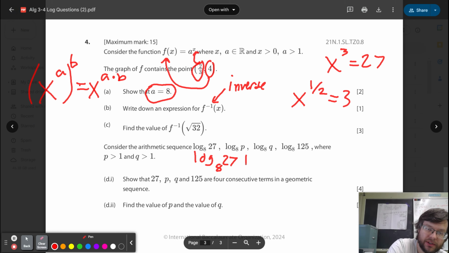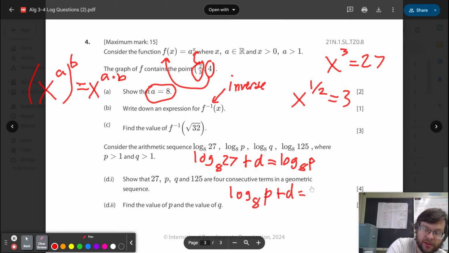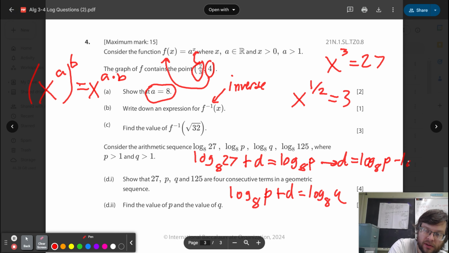you know that the first term plus the common difference has to be the second term. You know that the second term plus the same common difference has to be the third term, etc., etc. And so if you solve for the common difference, you know that the common difference is log base 8 of p minus log base 8 of 27.